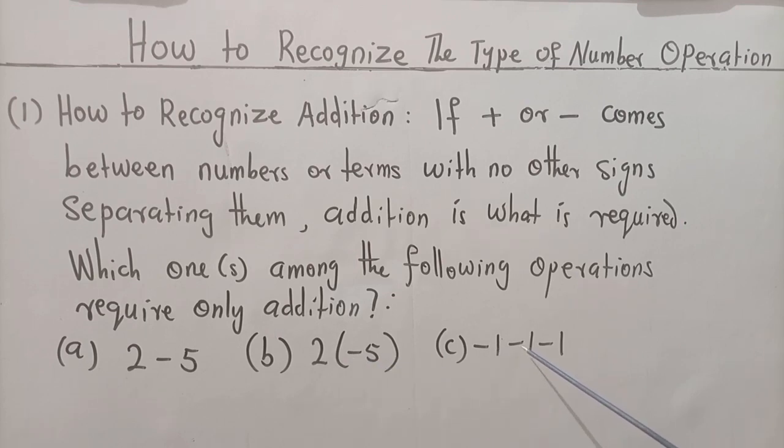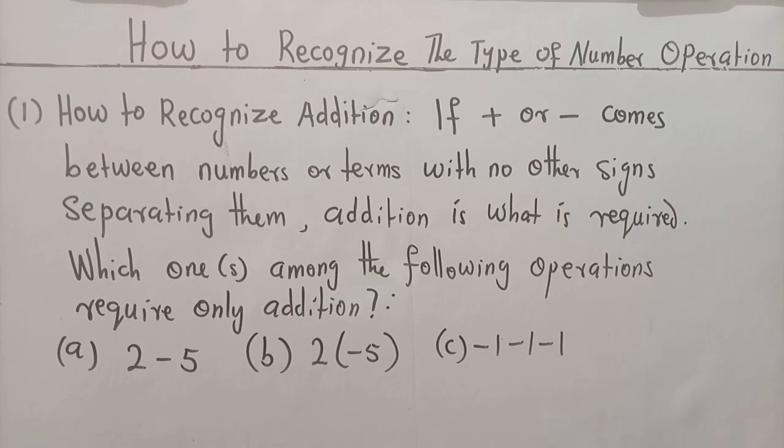Minus 1, minus 1, minus 1. Are we multiplying these numbers? Are we subtracting? Are we dividing or adding? Please, again, let us check in the light of the instruction or the conditions given. Plus is not here. What is here is minus.